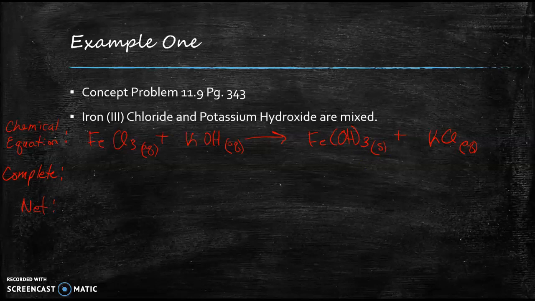Make sure that you're always checking that these equations are balanced. As you can see, this one is not. By adding our coefficient of 3 here and here, we have balanced our equation.